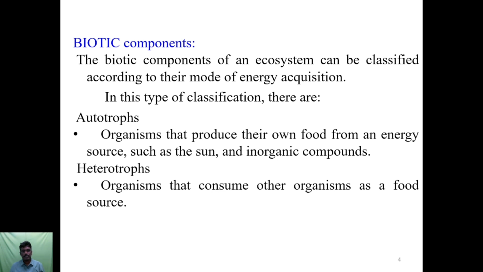In this type of classification, there are autotrophs and heterotrophs. Autotrophs means organisms that produce their own food from an energy source, such as the sun and inorganic compounds. Heterotrophs means organisms that consume other organisms as a food source.